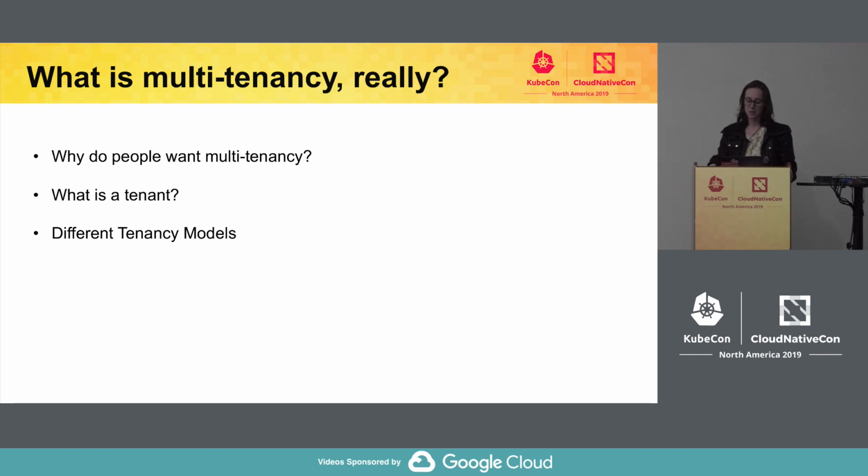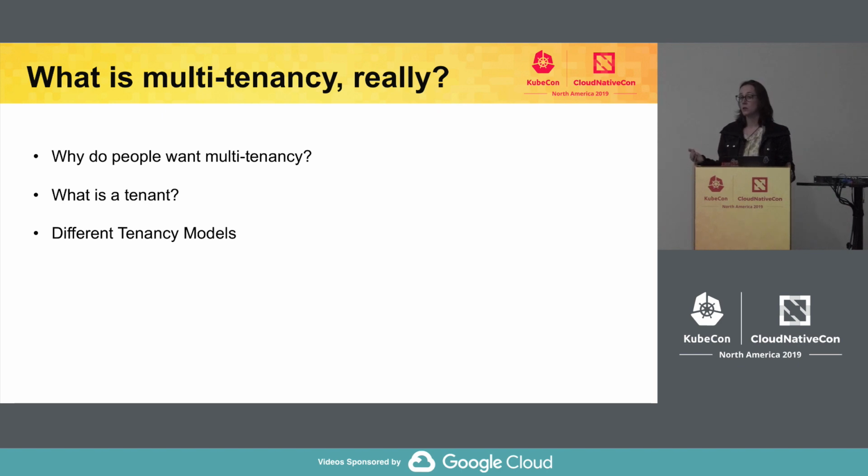As a working group, we have done pretty extensive definitions on all of these terms, and we have a ton of documentation if people want to check it out. So what do people want out of multi-tenancy? When people say they want multi-tenancy, what do they mean? What do they think a tenant is? What are their different use cases?